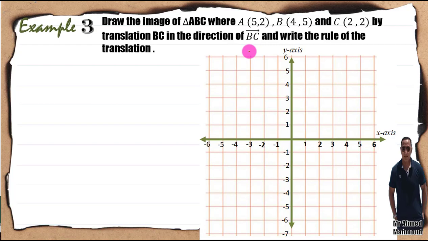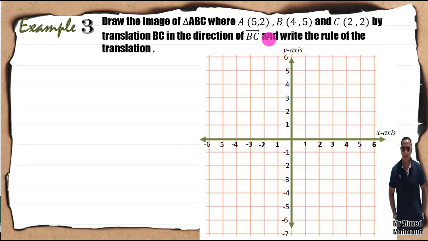Here we have example 3. Draw triangle ABC, A equals 5, 2, B 4 and 5, C 2 and 2, by translation BC in the direction BC ray. First I'm going to answer the first part of the question and later I'm going to explain the second part.